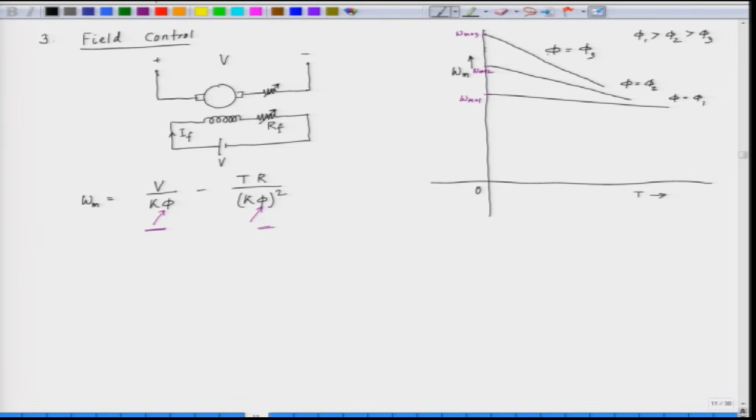So, when we reduce the field, the speed increases, and this method of speed control is employed for higher speed applications, especially beyond the rated speed.